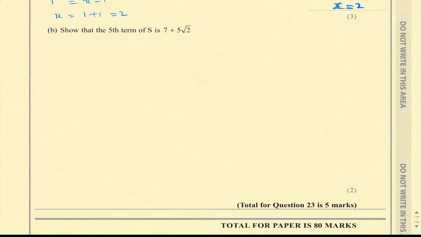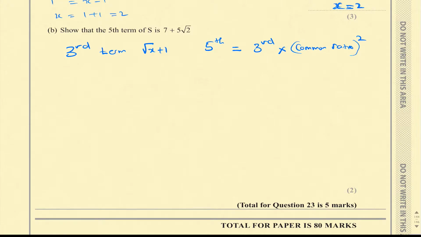Well, we know that the third term is root x plus 1, and the fifth term will be equal to the third term times the common ratio squared.